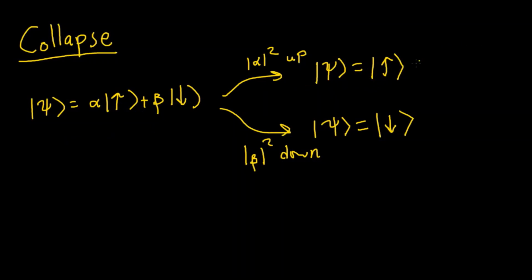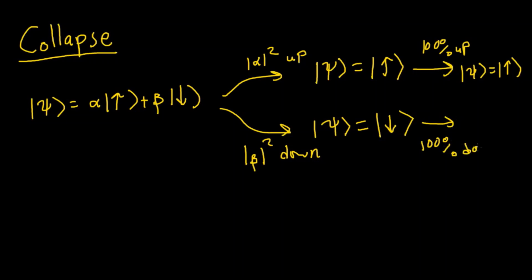If you then measured it again, there would be a 100% chance that it would be spin up again, and then your state would still be the up state. Likewise, if you measured the first time that it was spin down, there's a 100% chance that if you conduct the same measurement again, the state will be spin down, and then the state will remain spin down.